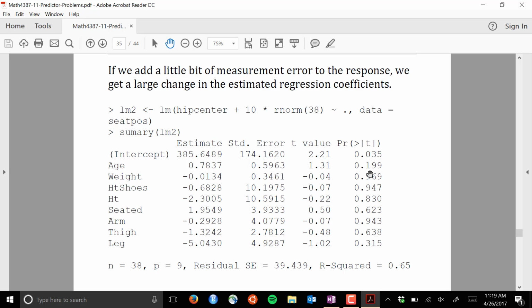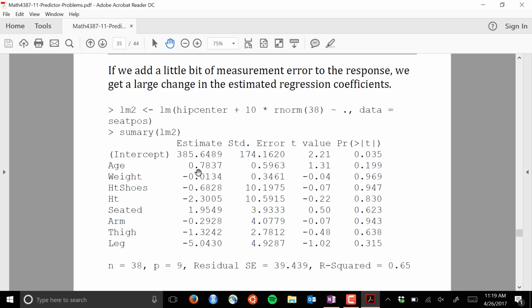I mentioned previously that one of the issues with having collinearity in your data set is that if you very subtly change your measurements, you can get dramatically different estimated coefficients. If I take my hip center response and add a little bit of error, the estimated coefficients change dramatically.